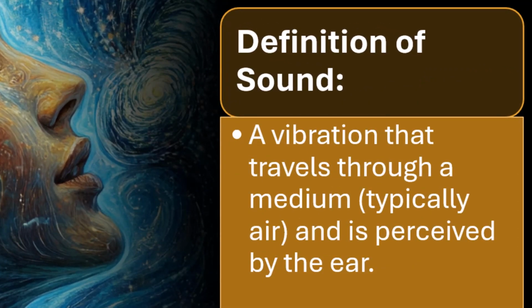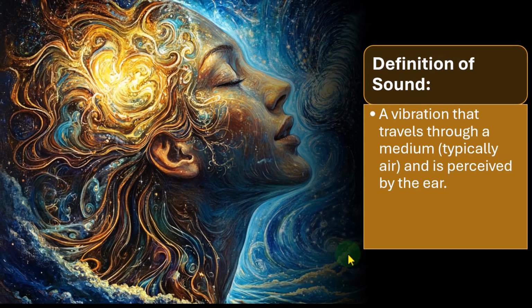All right, so what's the definition of sound? A vibration that travels through a medium, typically air, and is perceived by the ear. So when we think of sound, it's kind of hard to envision sound, and envisioning as human beings is what we typically want to do because we're mainly visual animals.